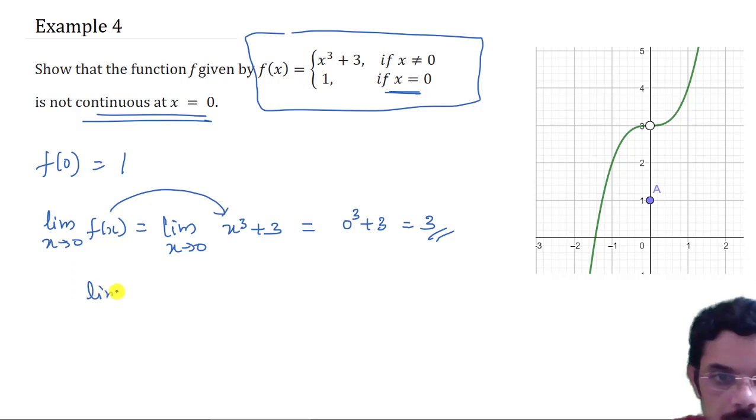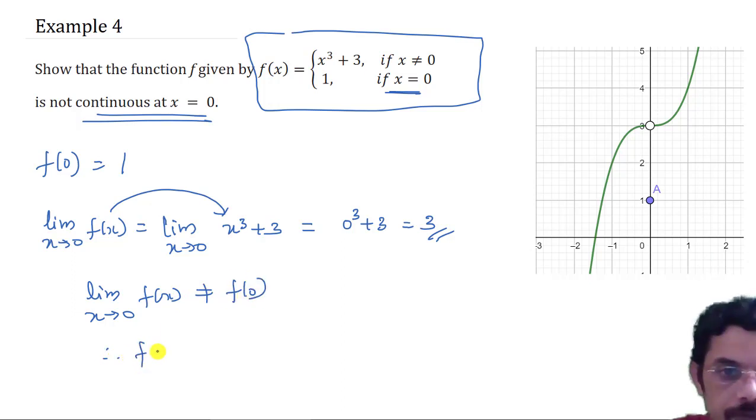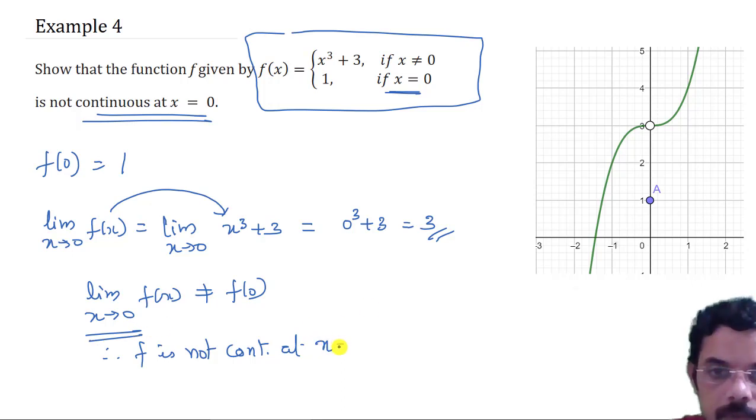Limit x tends to 0, f of x is not equal to f of 0. So therefore f is not continuous at x equal to 0. We have verified that f is not continuous at x equal to 0.